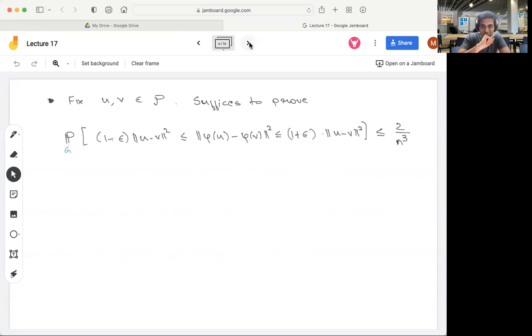Yeah, and I think this is sufficient to prove, because I think you'll be using Chernoff-Hoeffding in some way, and so you will get k, which is logarithmic in n. You are going one step ahead of me. You are telling me how I will prove this. I'm saying if I prove this, I'm done. Is that true?